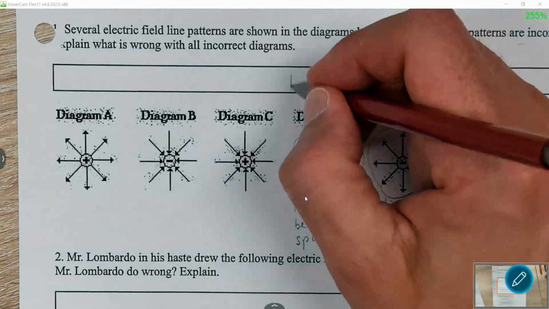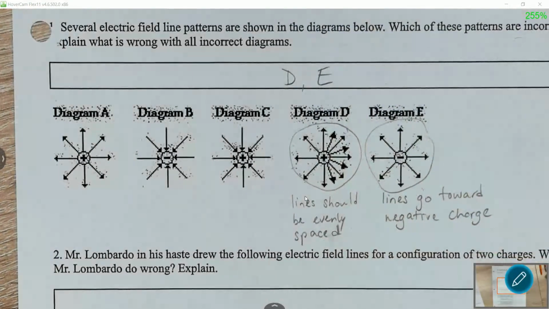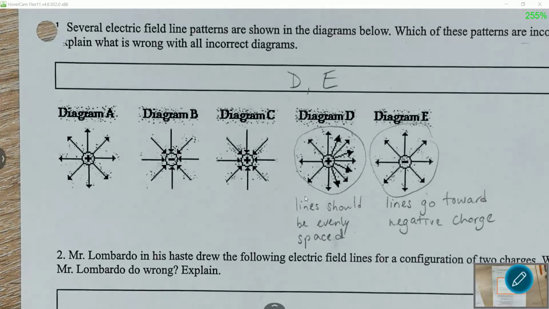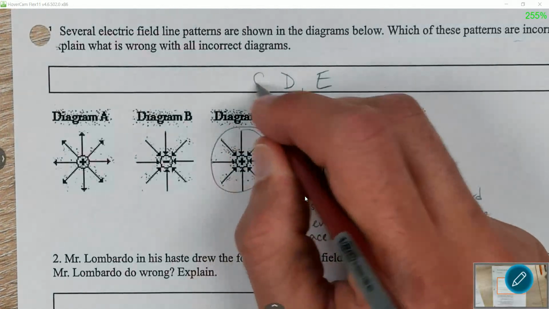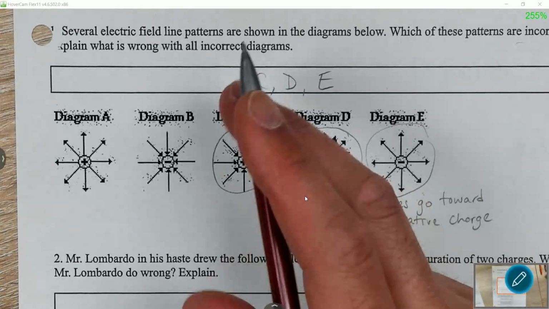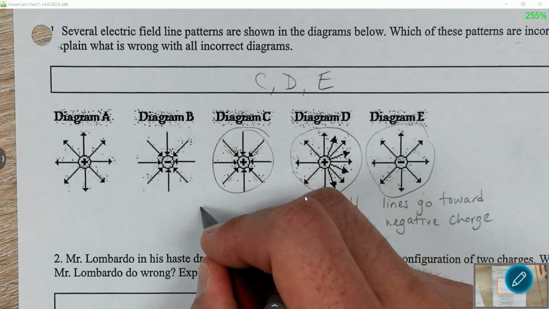So we have D, E, what else? There's one other one that's wrong. Lines come out of positive charge, go into negative charge. So which other one would be wrong then? C. Yes. Why? Because field lines should come out of the positive charge.